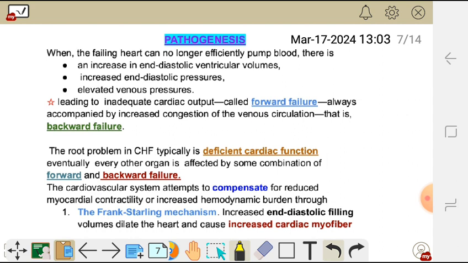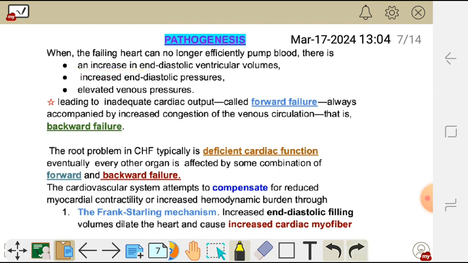Now let's move on to what we call pathogenesis. How does heart failure take place? When the heart is failing, as we have already explained in the etiology, it won't be able to efficiently pump blood. It won't be pumping blood properly, so that will result in an increase in end diastolic ventricular volume.